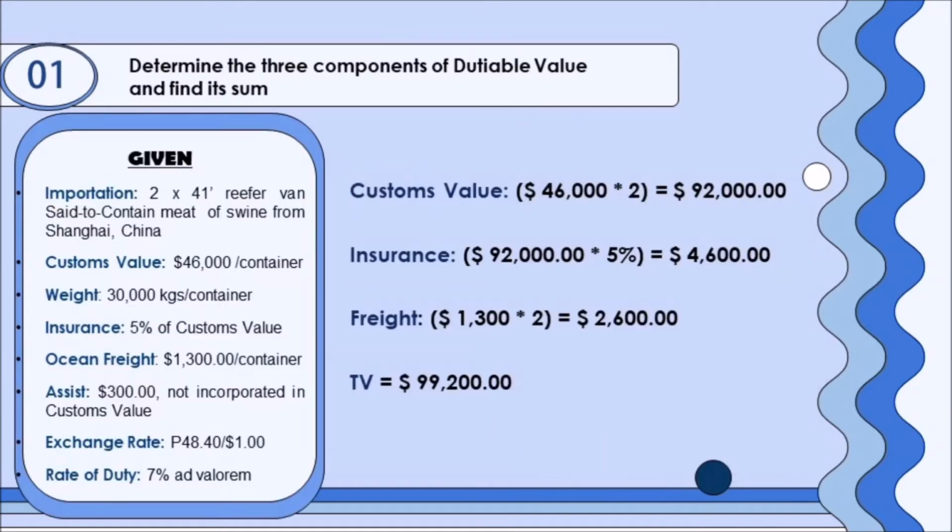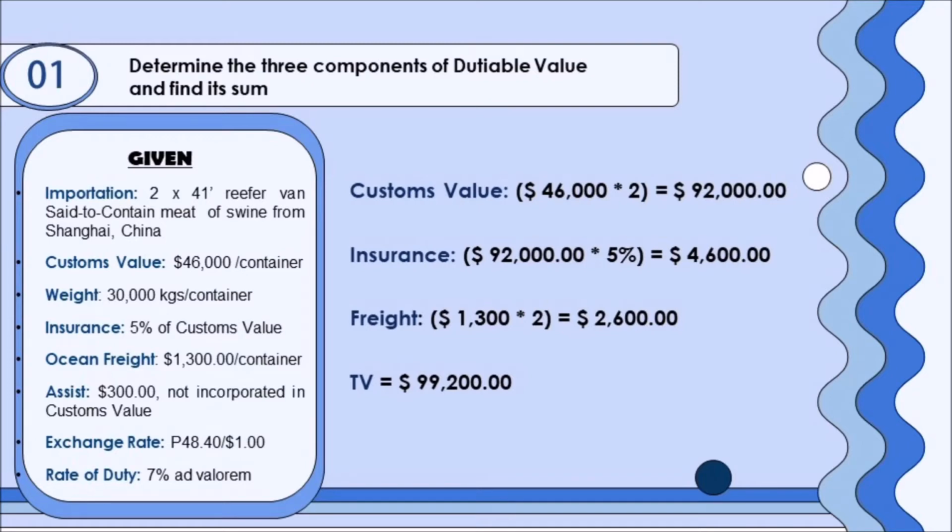From the given situation that I have provided, we would multiply $46 to 2, and we would get $92,000 for our customs value. And the insurance is 5% of customs value. So the 5% of customs value there is $4,600. And our freight is $1,300 per container.